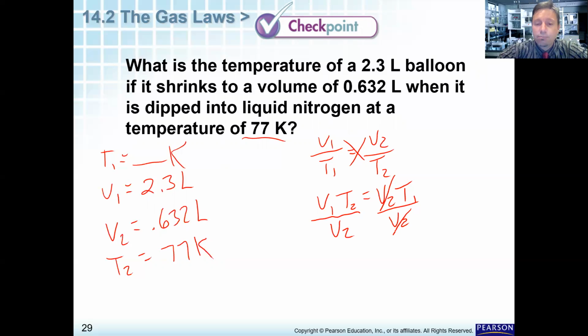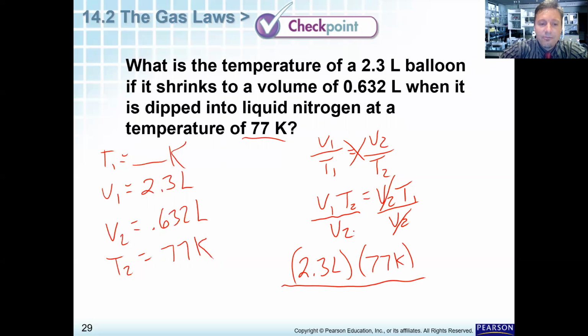So now I'm just going to simply plug all my stuff in here. So my volume is 2.3 liters, parentheses. My temperature 2 is 77 Kelvin, divided by my V2, and V2 is 0.632 liters. My liters cancel, and that leaves me in Kelvin, and that will be my temperature.